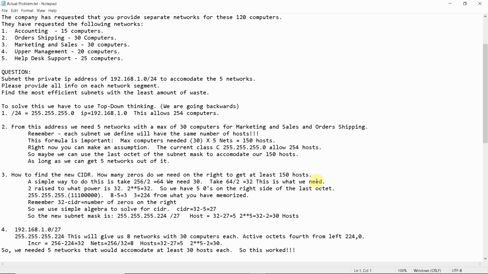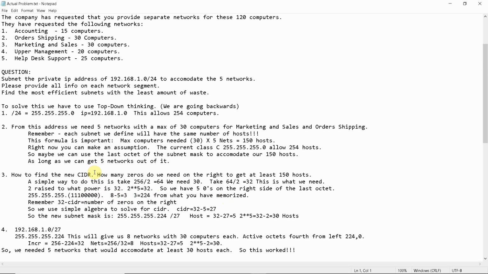So now we know we can take 2 raised to what power is 32? It's 5. 2 raised to 5 is 32. So we have 5 zeros on the right side of the last octet. 255, 255, and 8 minus 5 is 3. 3 ones equals 224 from what you have memorized.